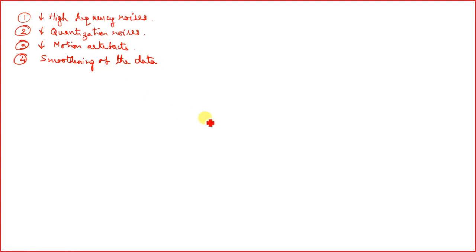Okay. So these are some of the applications of the smoothing filters. So these smoothing filters are also regarded as averaging filters.